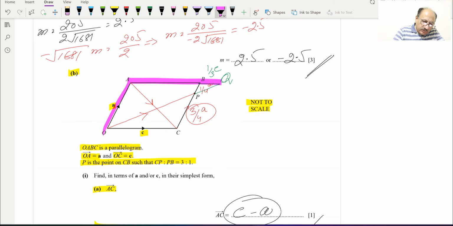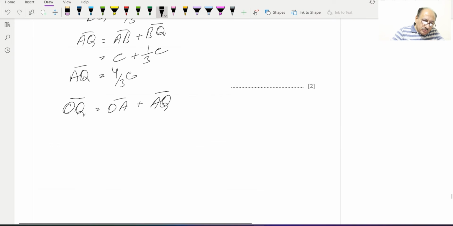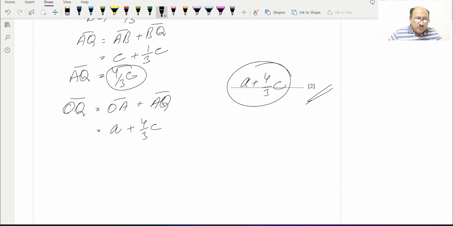So we need to find this. We already have these values, we'll just replace. OA is A, and AQ we just found, which is 4 by 3C. So plus 4 by 3C. A plus 4 by 3C. This will be the answer for 2 marks.